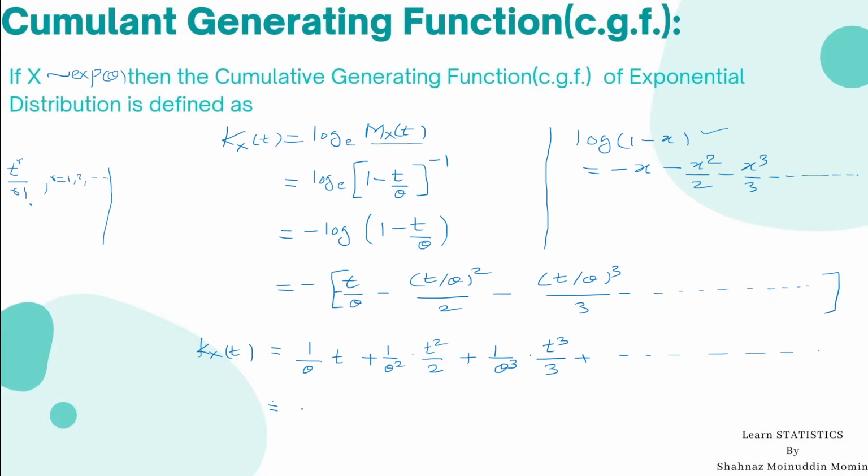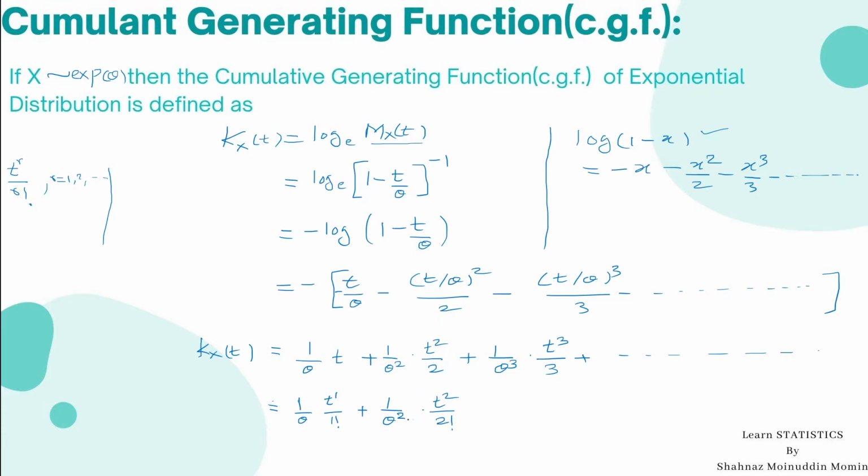So let me rearrange the terms. The first term is 1 by theta into t raised to 1 by 1 factorial. Here 1 factorial is 1. In the second term, 1 by theta square into t square by 2 factorial. We know that 2 factorial is 2.